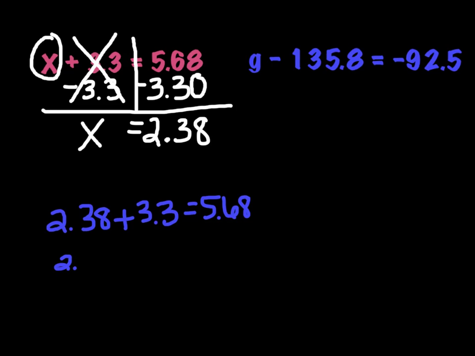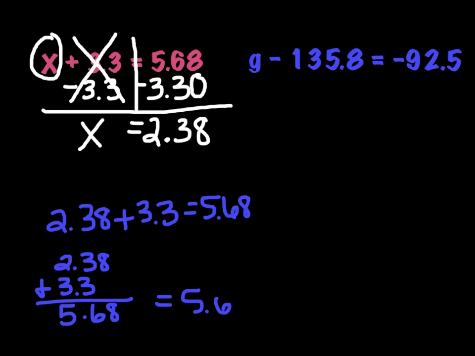So if I line those up, 2.38 plus 3.3, and if I add those up, I do get 5.68, which is equivalent on both sides, so I know that my answer or my solution is correct. So then I put a box around my answer and know that I did this correctly.